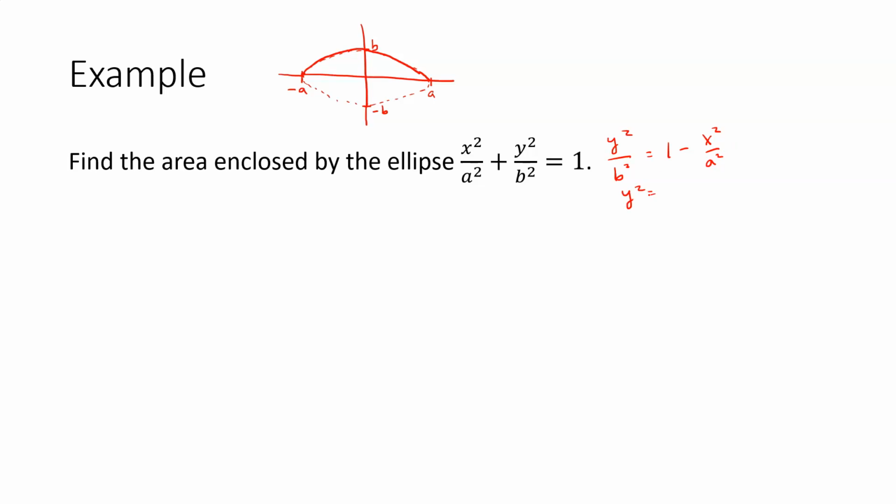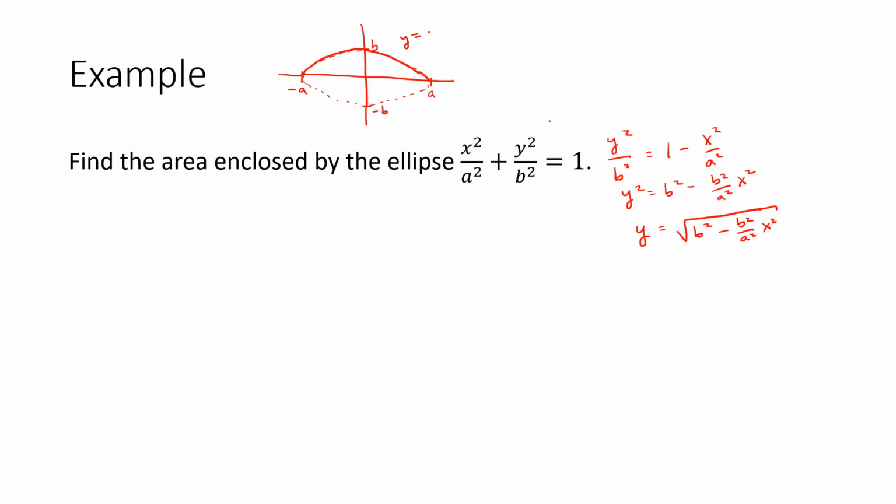So I get y squared equals b squared minus b squared over a squared x squared. And then square rooting that, I get y equals the square root of b squared minus b squared over a squared x squared. So that gives me the top half of this region.